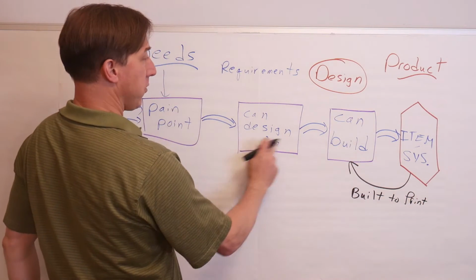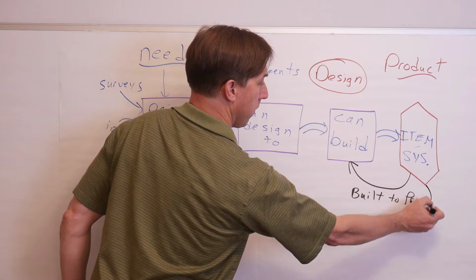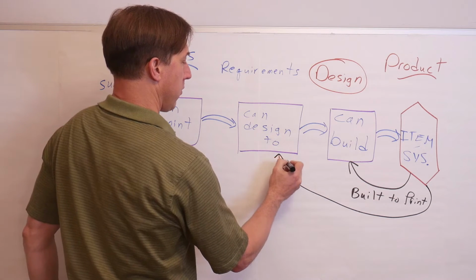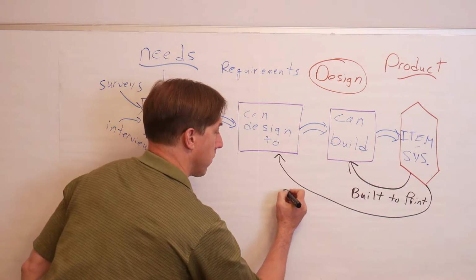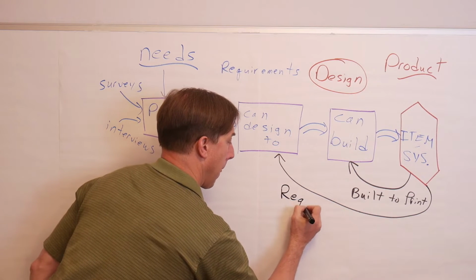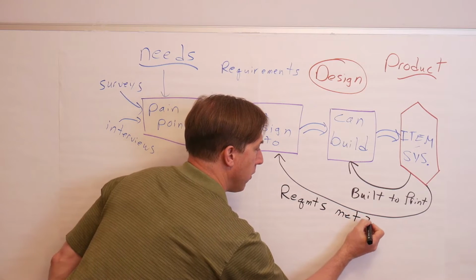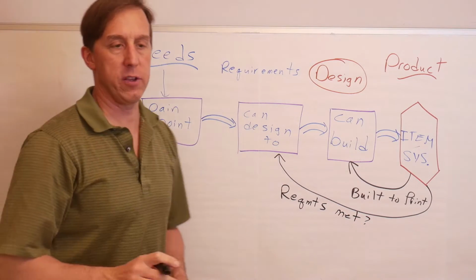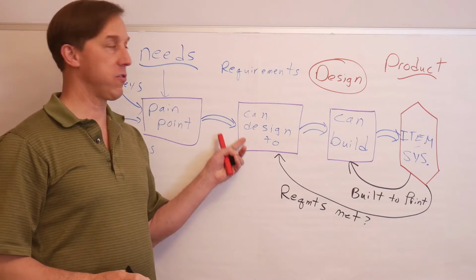Now you also have to verify this against the requirements themselves. So these are the design input requirements. Were the requirements met? And here you can actually use quite a bit of money and resources to test the products to see if the requirements were met.